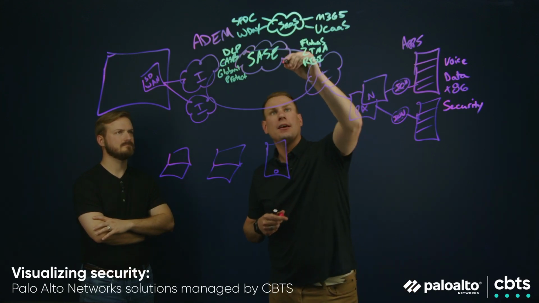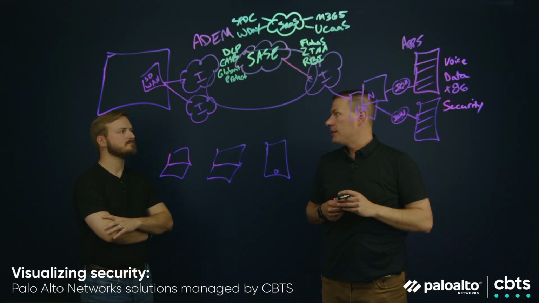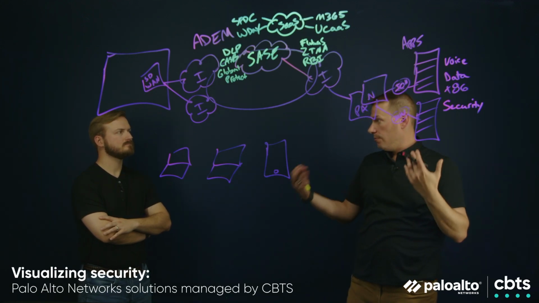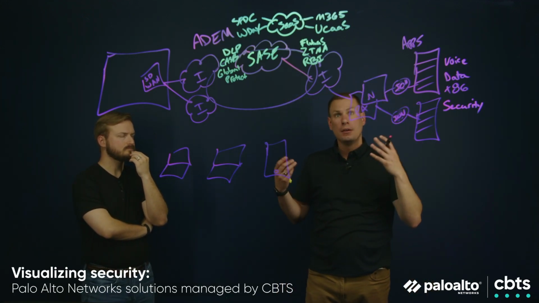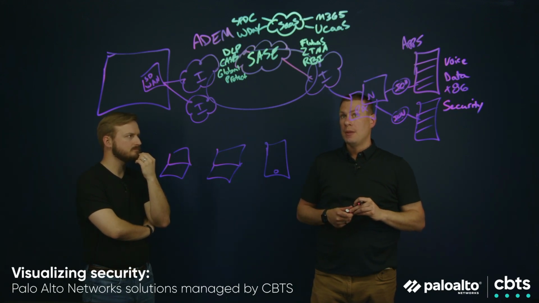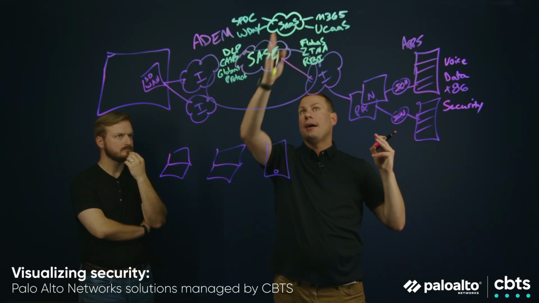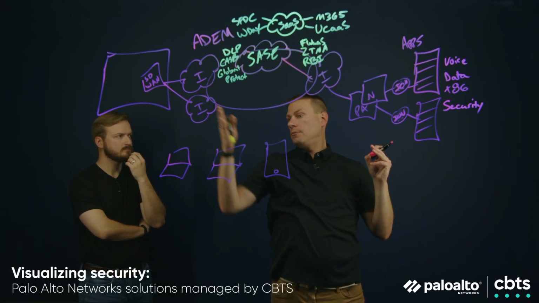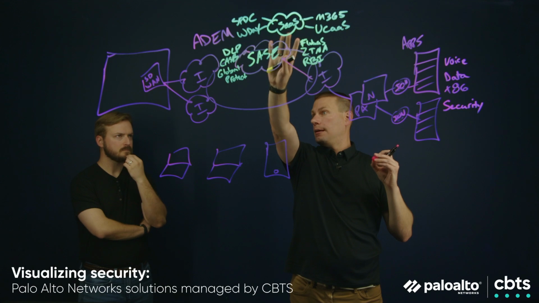I might still need reachability into my data center for certain applications that haven't moved out to the cloud, or haven't moved to SaaS, I should say. Maybe they do live in the cloud, but I still need reachability back to it. So now we've got this great experience where I can go to my SaaS application from a branch, from home, from the road, and I can do that securely, and we're good.